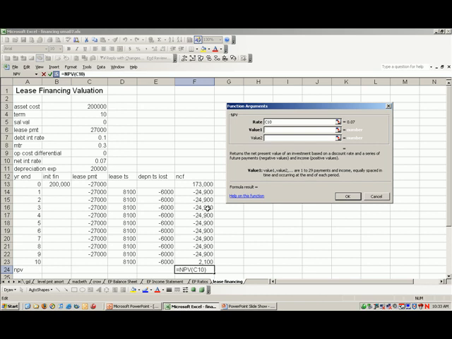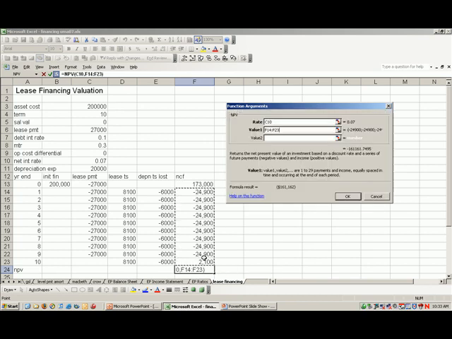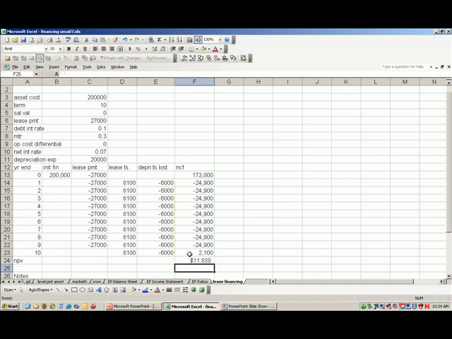And for our values, we use the cash flows occurring at the end of years 1 through 10. Say OK. And then we need to amend the NPV function, as we've done many times before, by adding in the year 0 cash flow, and we get our net present value of the lease of $11,838.